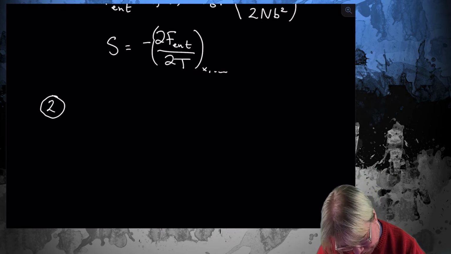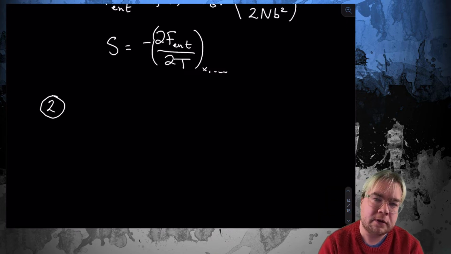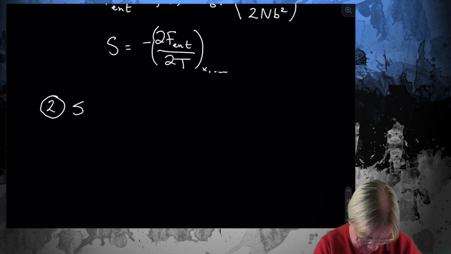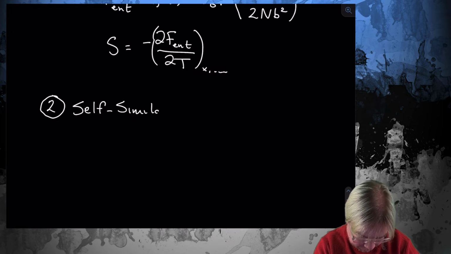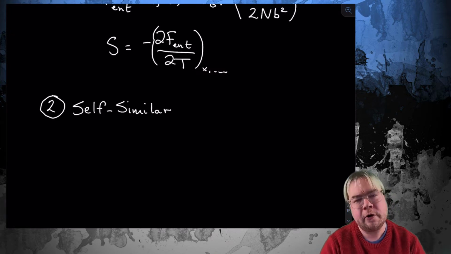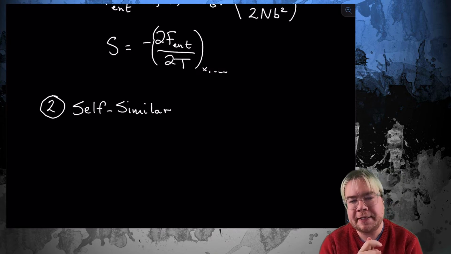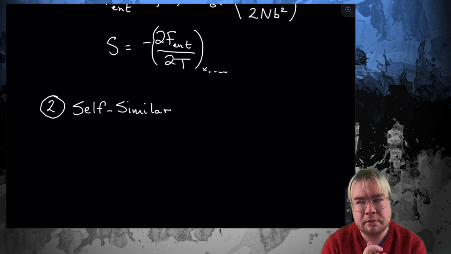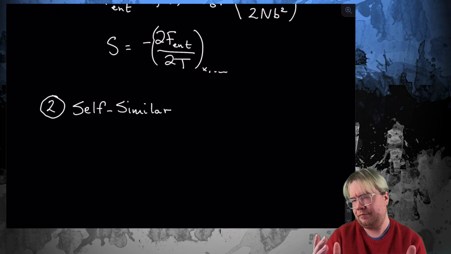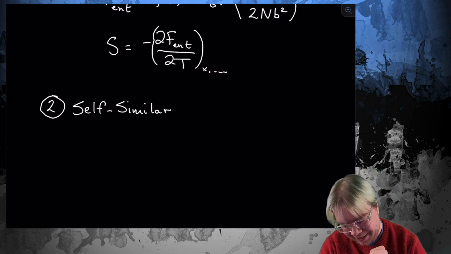The second concept that's going to be important to today's video is that polymer chains are self-similar. What on earth does that mean? Well, if something is self-similar, it means it looks like itself. Sounds weird, right?